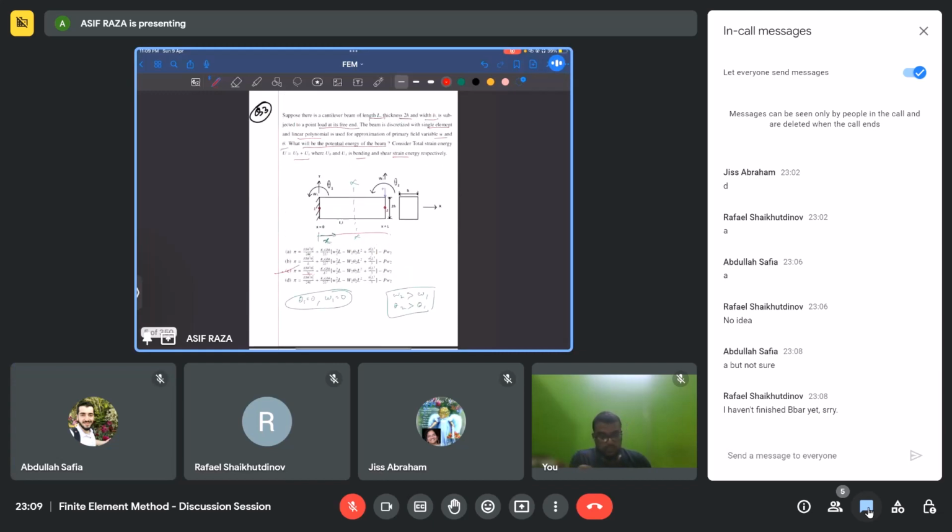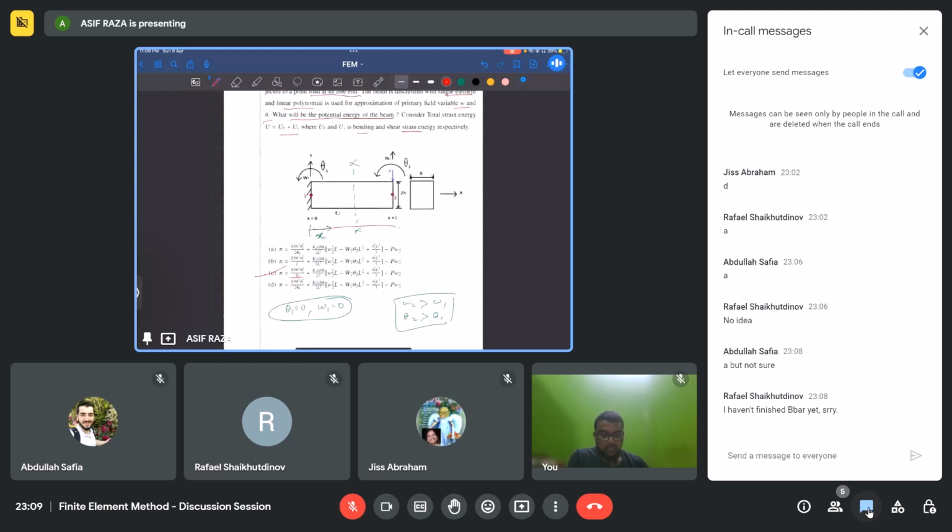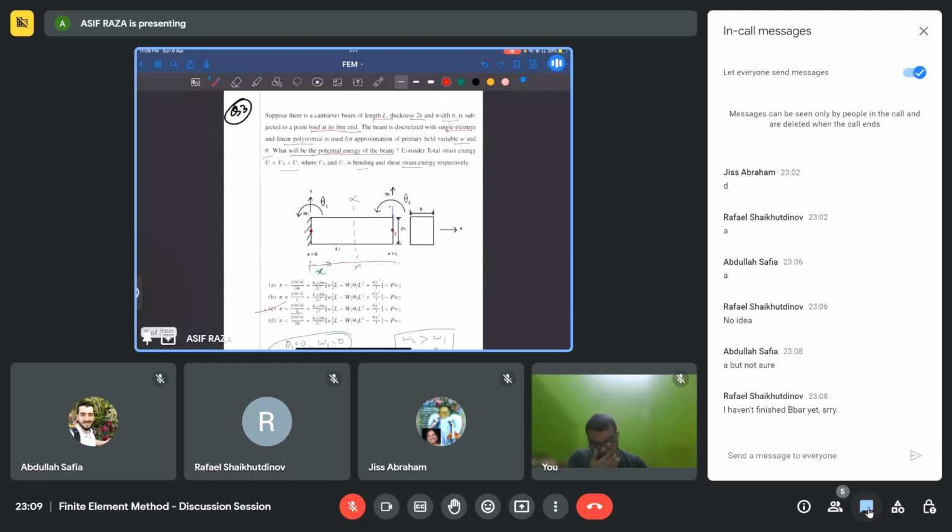The question asks what will be the potential energy of the beam. So we need to find the potential energy of the beam, and that is due to bending and shear. One more piece of information in the question: what are my degrees of freedom?